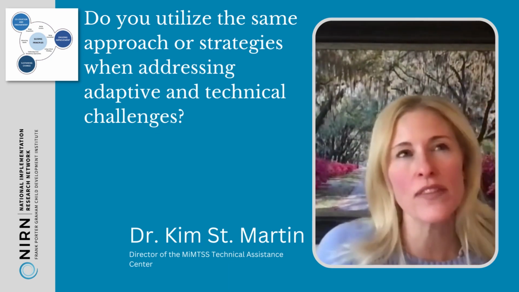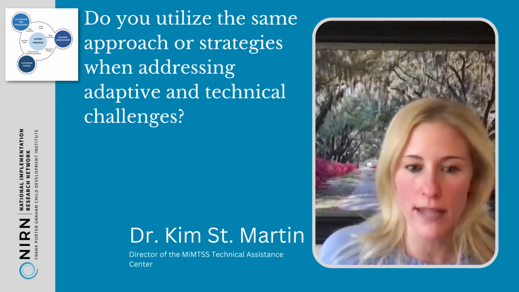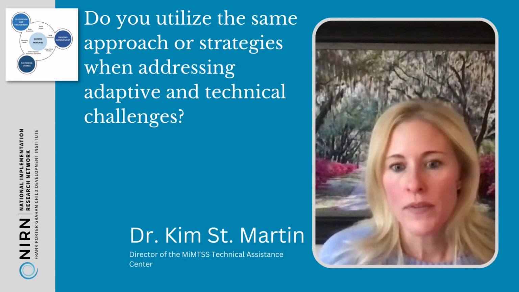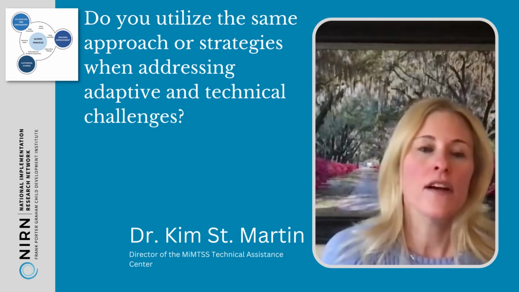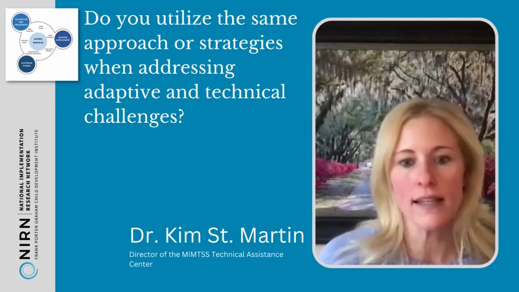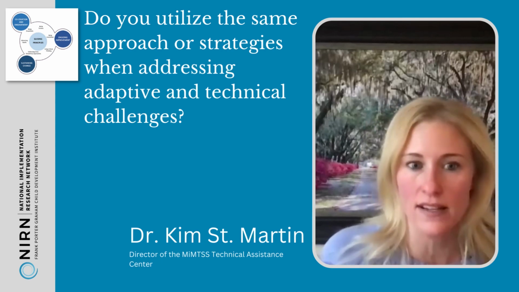Some of the strategies that I see leaders use when managing these issues are things like the 5 whys, a root cause analysis. There's another strategy called the nominal group technique. The concerns-based problem-solving process is another one.